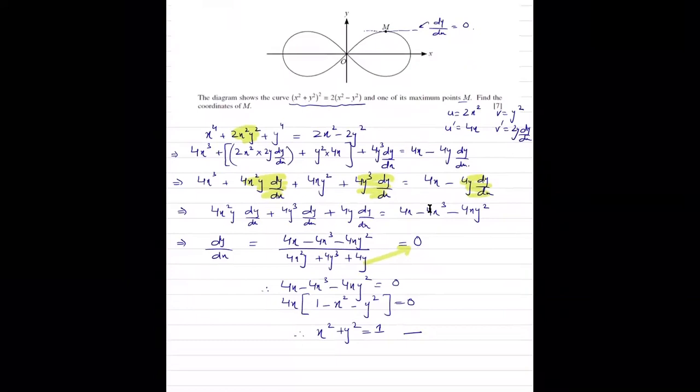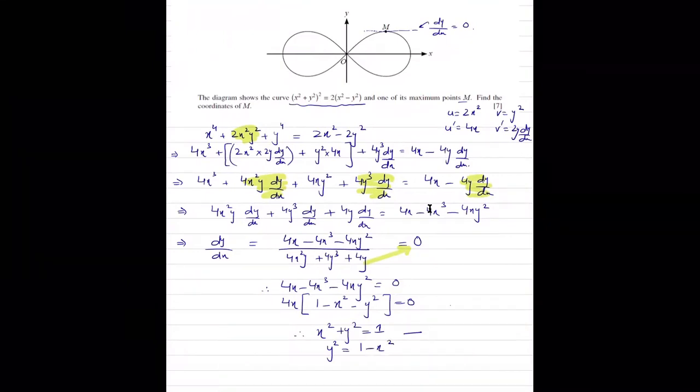What I'll do is, let's substitute for y square. So y square is going to be equal to 1 minus x square.